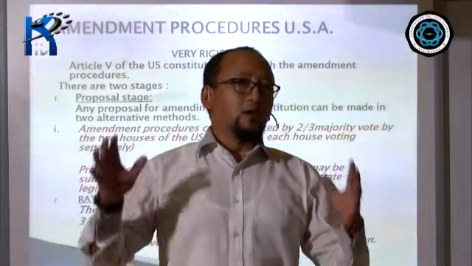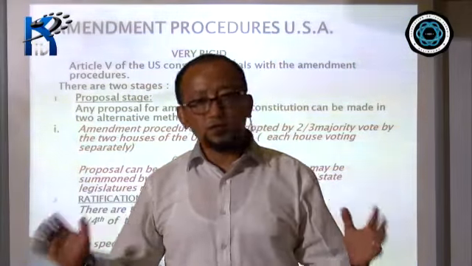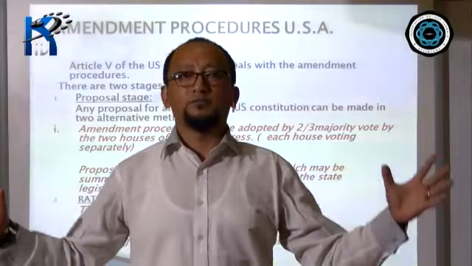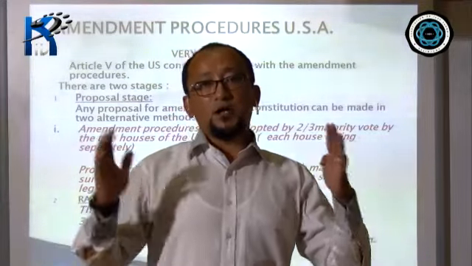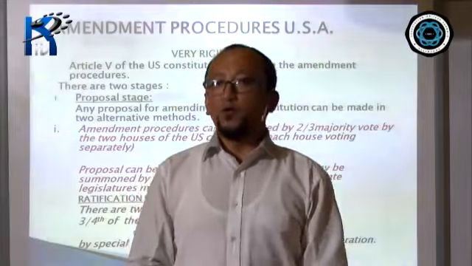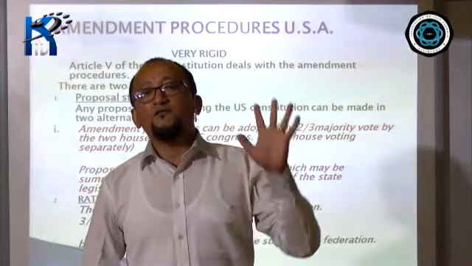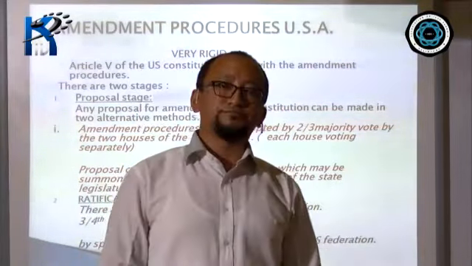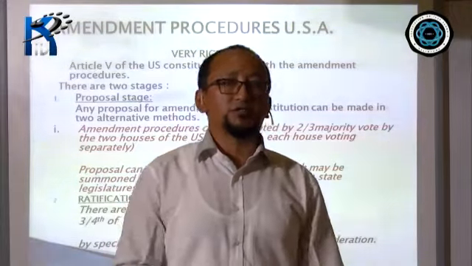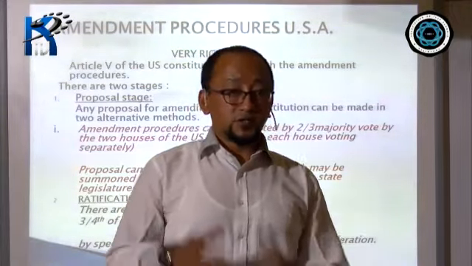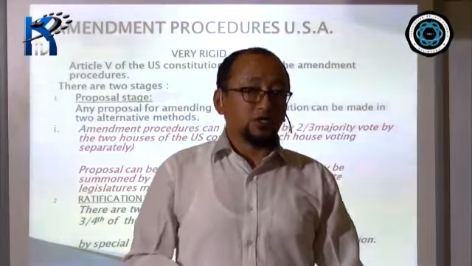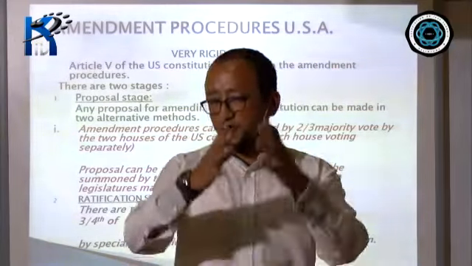The American Constitution is the most rigid Constitution in the entire world. As far as amendment procedures are concerned, we find this in Article 5 of the American Constitution. It lays down the proceedings. It is the most rigid Constitution because the process is lengthy and difficult.